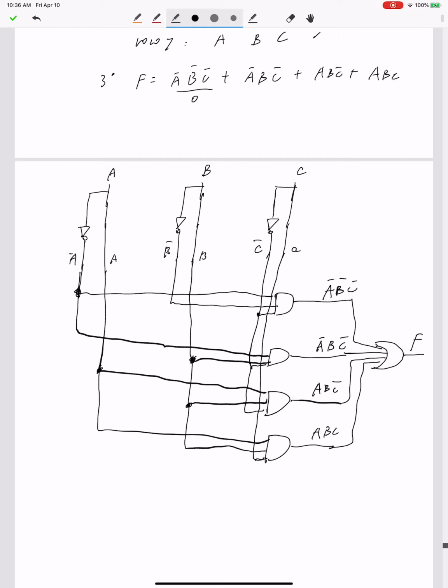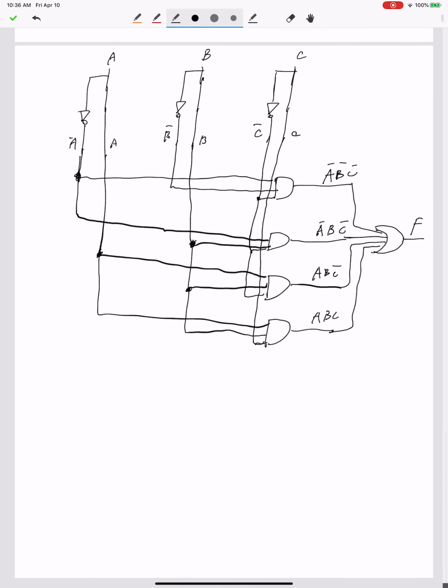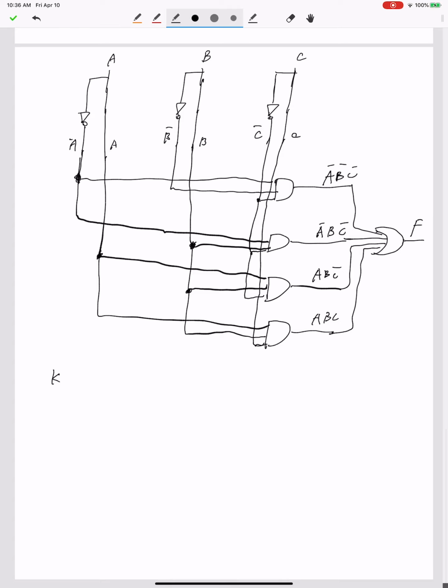But if I just give you the truth table, can you do that job with De Morgan's law? Or is there an easier way to do that job without using De Morgan's law, right? So that's our focus for today's class, which is the kernel map, or K-map.